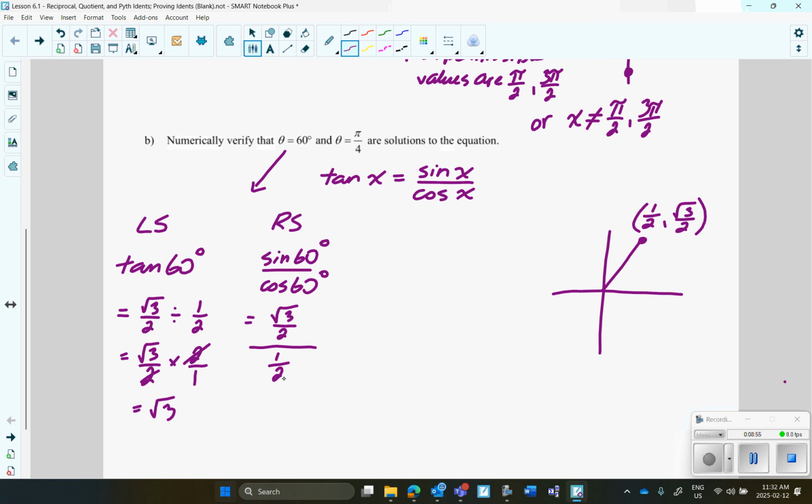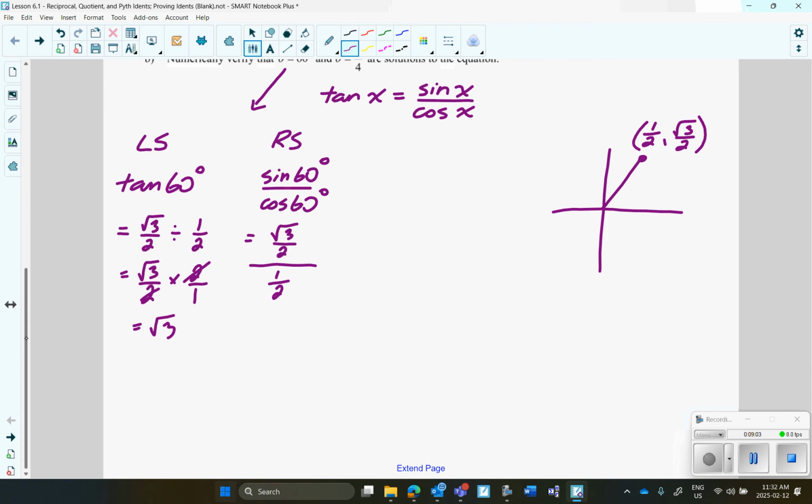Notice it's the same as what we did here. So we know we're going to get the same answer. So we proved it. It works for 60 degrees. So I could say, yes, the left side equals the right side. We're good.